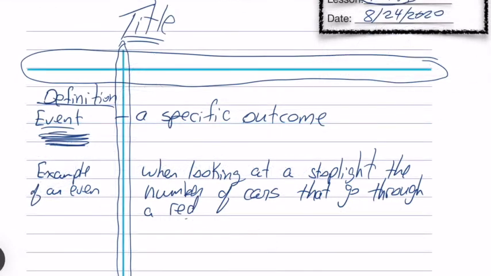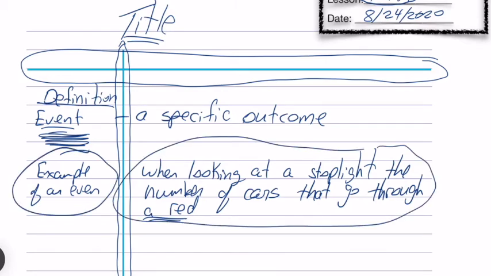So the event is the specific outcome of a car going through a red. And that way you can have your example separated from the words that are associated to it. And it would be really easy to find on the left-hand side. You just scroll down and you'll see what you're looking for.